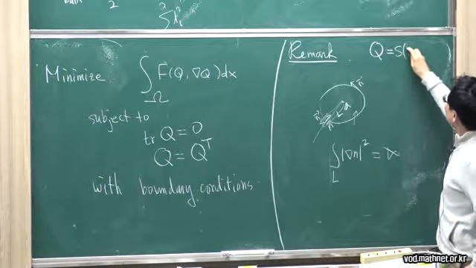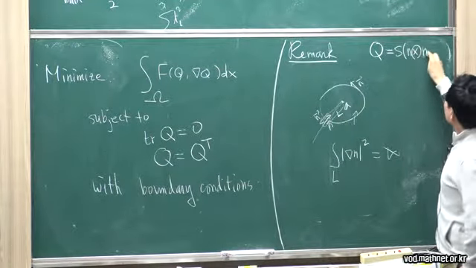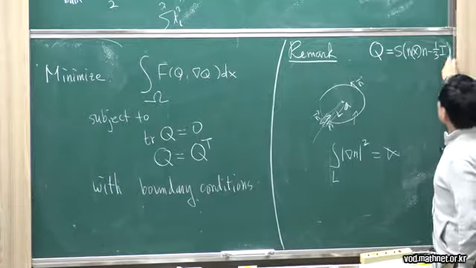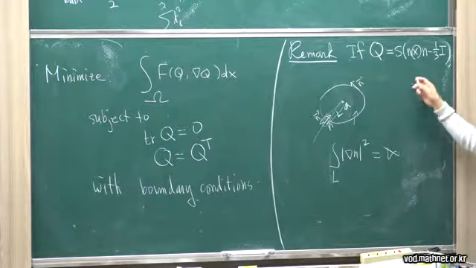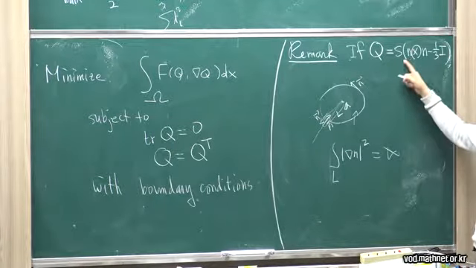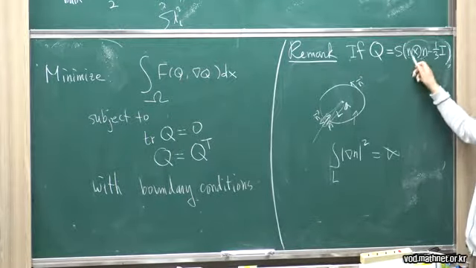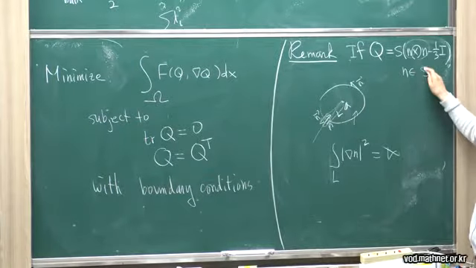Suppose you have n, Q looks like this. Your Q looks like this, with n in S2.